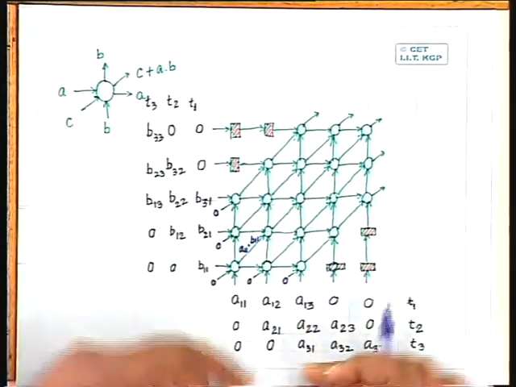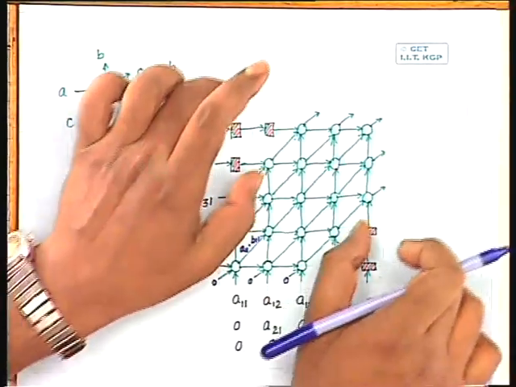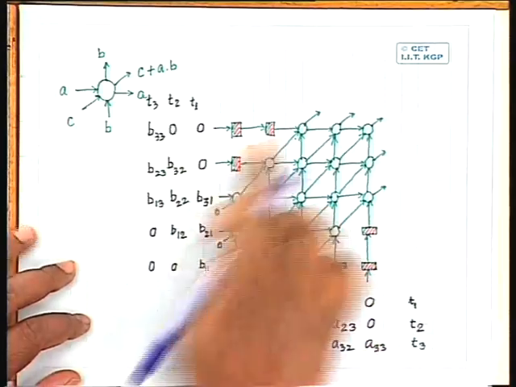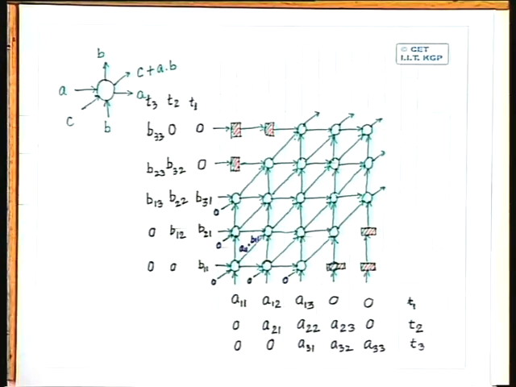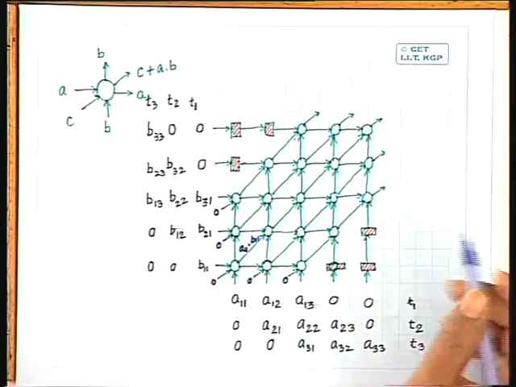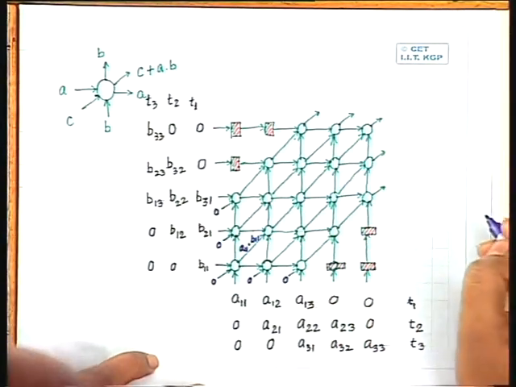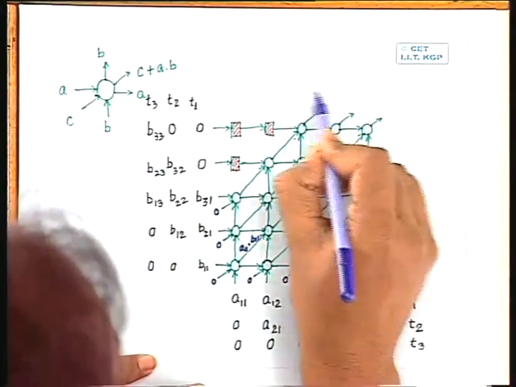And simultaneously, because this data is flowing through this pipeline, all other components will also be generated. So if you analyze this way, you will find that the output will be something like this, starting from time T6 onwards.